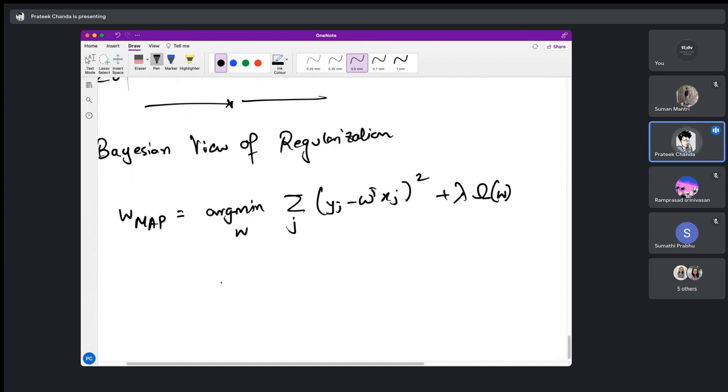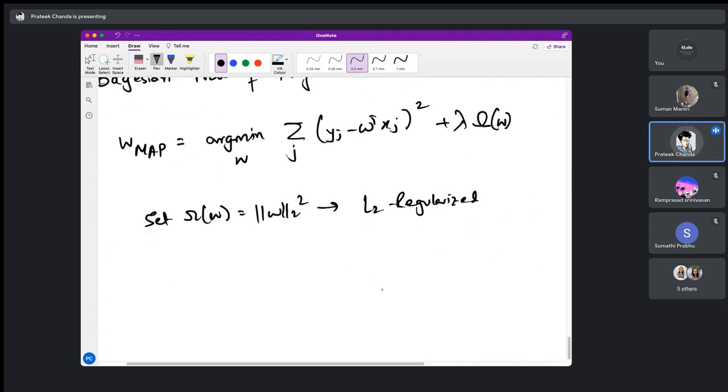There might be other options also. So how do we select this? For example, we set this function of w to, let's say, this, and we get an L2 regularized solution.